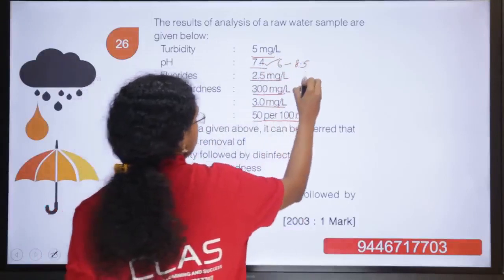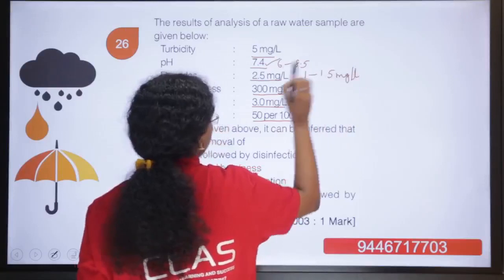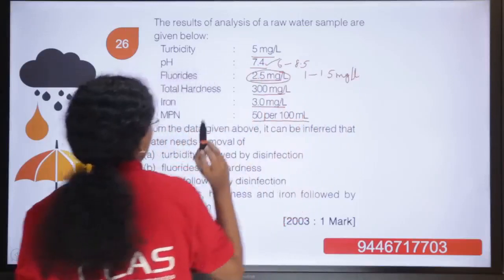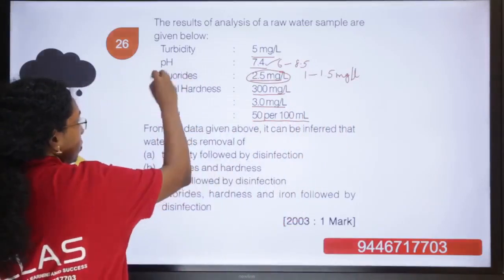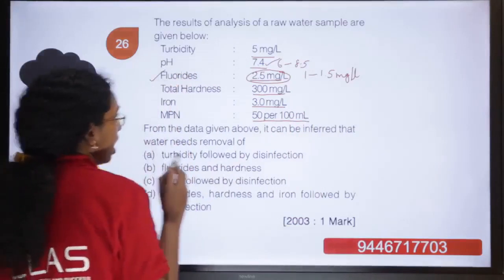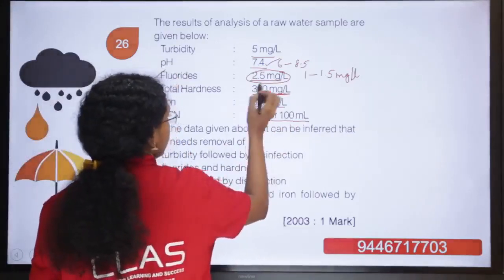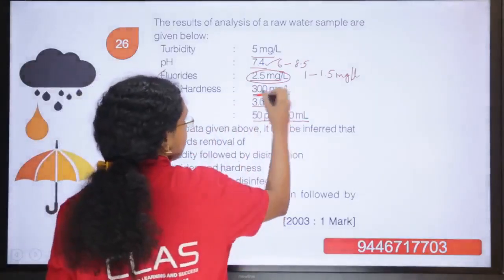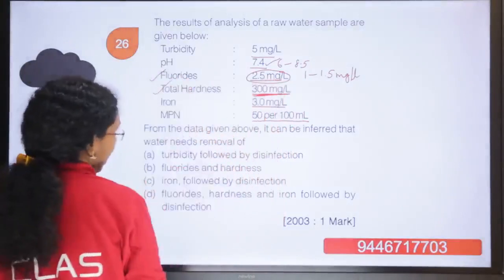Fluorides should be in the range of 1 to 1.5 milligram per liter, but here the value is higher, so fluoride removal is required. Then the total hardness is 300 milligram per liter. The total hardness which is good for consumption is very much less than this, so hardness treatment should also be carried out.